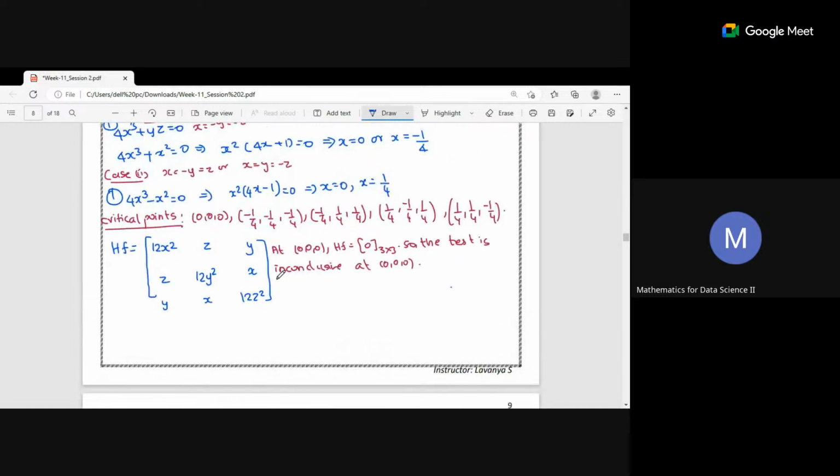What is HF at minus 1 by 4, comma minus 1 by 4, comma minus 1 by 4? All values are negative.